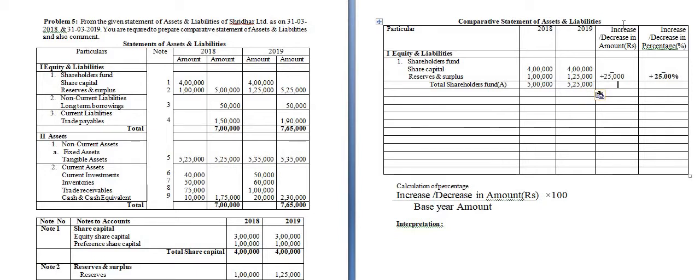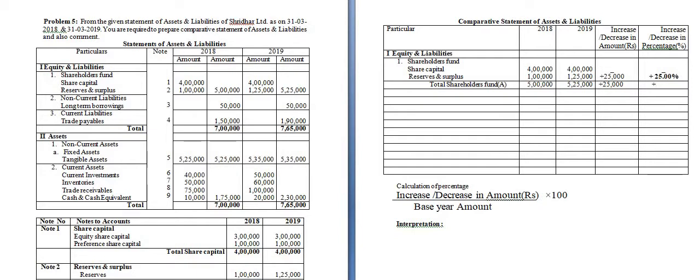It has increased, that is, the amount of total shareholders fund has increased by how much? 25,000, that is 5 lakh minus 5,25,000, so plus 25,000. Now find out the percentage. 25,000 divided by 5 lakh into 100.